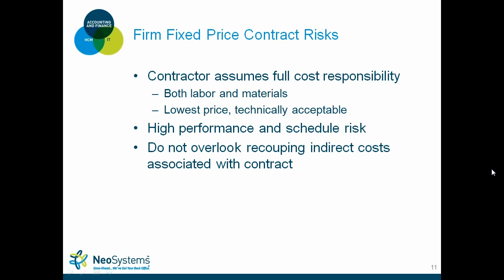If your indirect costs fluctuate year upon year or even on a monthly basis, we'll just take fringe, for instance, if you bid it at 30% and your fringe fluctuates to 35, 40%, you really can't recoup those types of costs. You just have to build it in within the funded value that the government gives you.